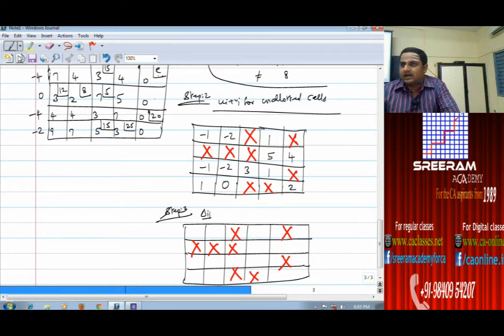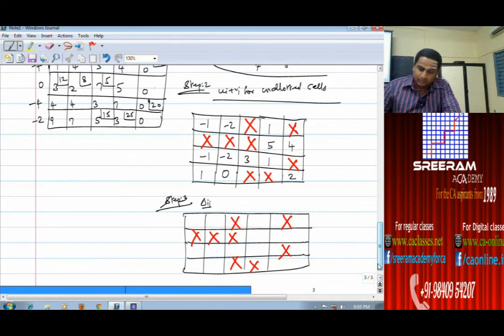For decoration, not even negative marks will be given. I am not telling about positive marks, not even negative marks will be given for decoration. Only the way in which you answer, for that marks will be given.